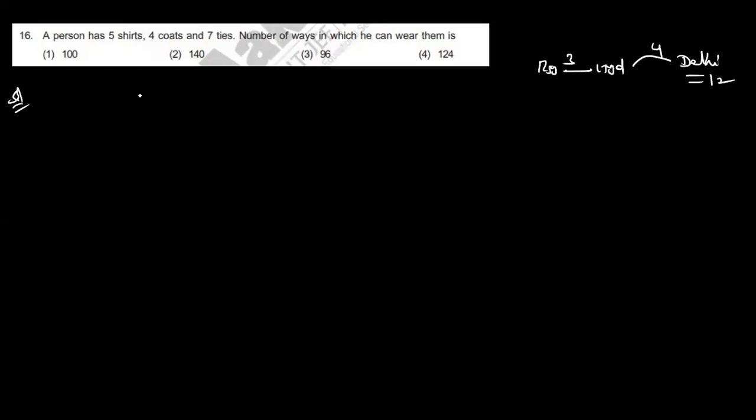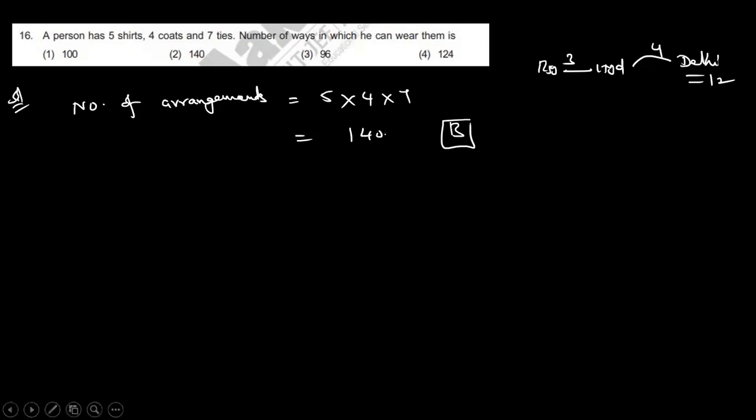So here also, the number of ways, the number of arrangements, is simply 5 ways or 4 or 7. How much is coming? 5 into 4 is 20, into 7 means 140. The option is B. So you can wear 5 shirts, simultaneously 4 coats, simultaneously 7 ties.